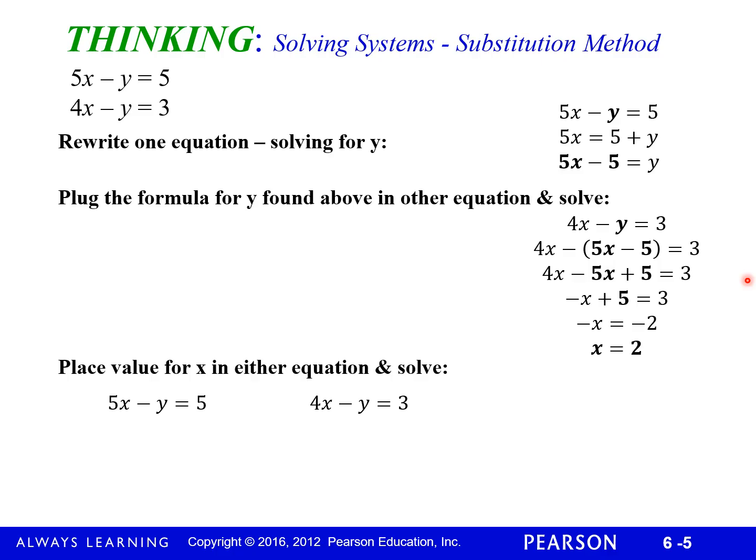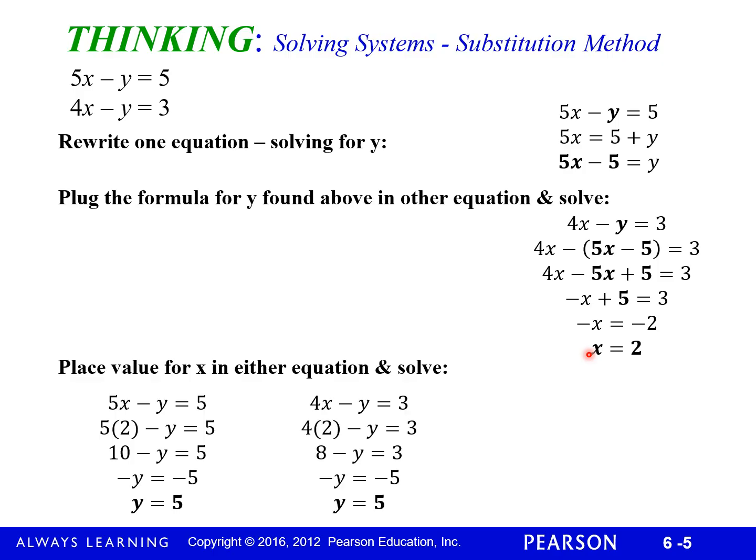At this point, I can plug this into either equation and find the y value. If I plug it into the first equation, I get 5 times 2 minus y equals 5. 10 minus y equals 5. If I subtract 10 from both sides, I get negative y equals negative 5. Multiplying by -1, I get y equals 5.